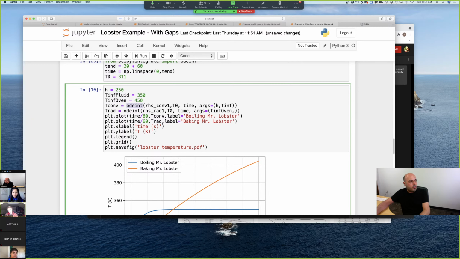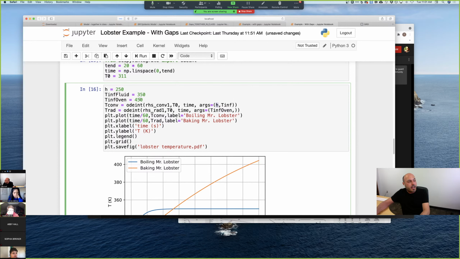Now I call odeint just like we did last time. For convection, for cooking in the fluid, I give it the RHS convection, the initial condition, and the time, but then I pass the additional arguments H and T infinity fluid. Internally, this sends H and T infinity fluid to the right-hand side convection function and uses them there.